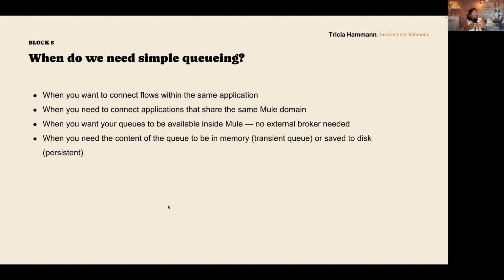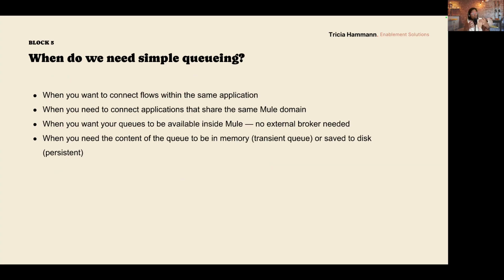When do we need simple queuing? For example, when you want to connect flows within the same application, when you need to connect applications that share the same Mule domain, or when you need the content of the queue to be in memory, and with it we speak about transient queues, or saved to disk.